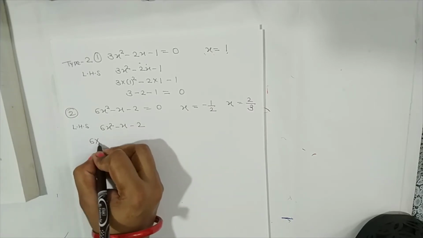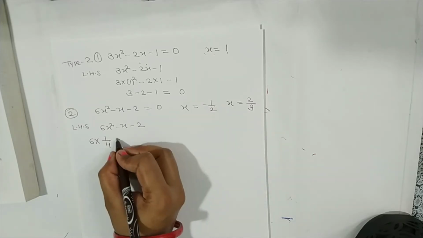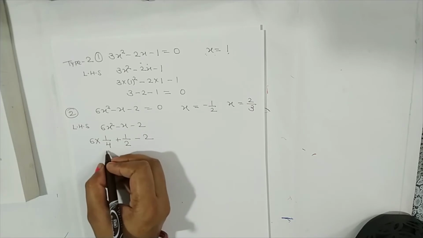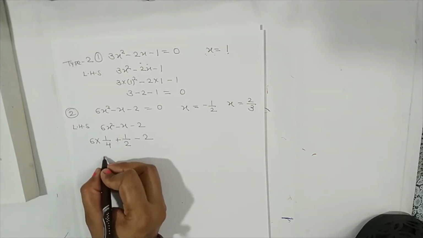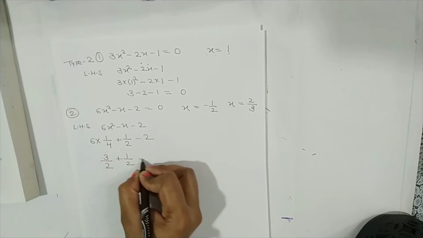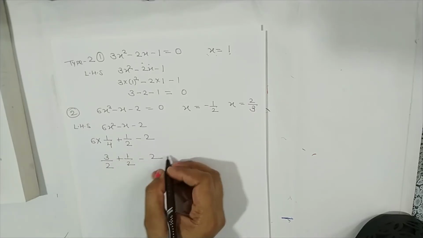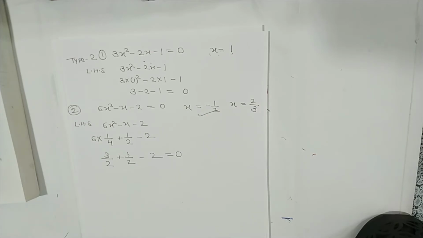So 6 into 1 upon 4 minus, and minus becomes plus, so 1 upon 2 minus 2. Now it will be 3 by 2, then plus 1 by 2 minus 2. So it will be 4 upon 2, that is 2. 2 minus 2 is equal to 0. So this is a solution of the given equation.